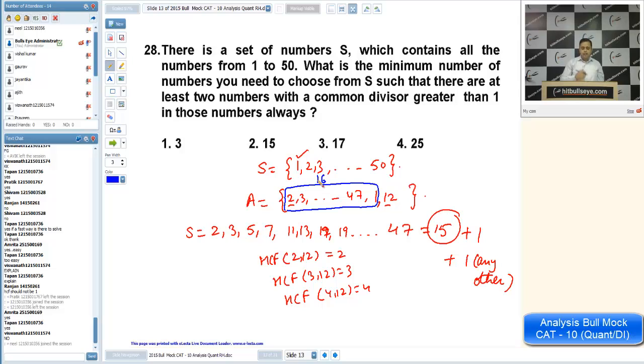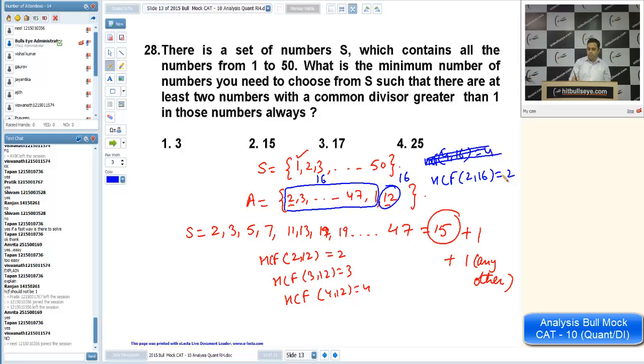Now if I take another number which is a composite number, any other composite number, I have taken the example of 12. Let us say you don't want to take 12, take 16. Now if you are taking 16, then the HCF of 2 and 16 will be 2.